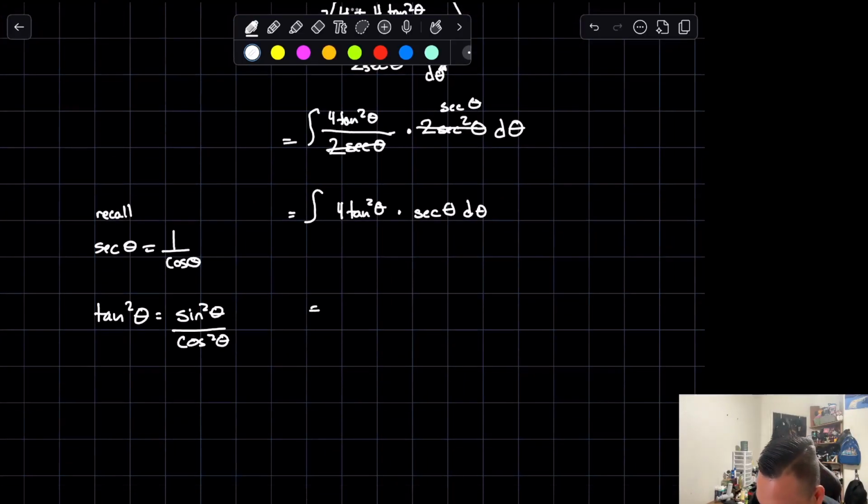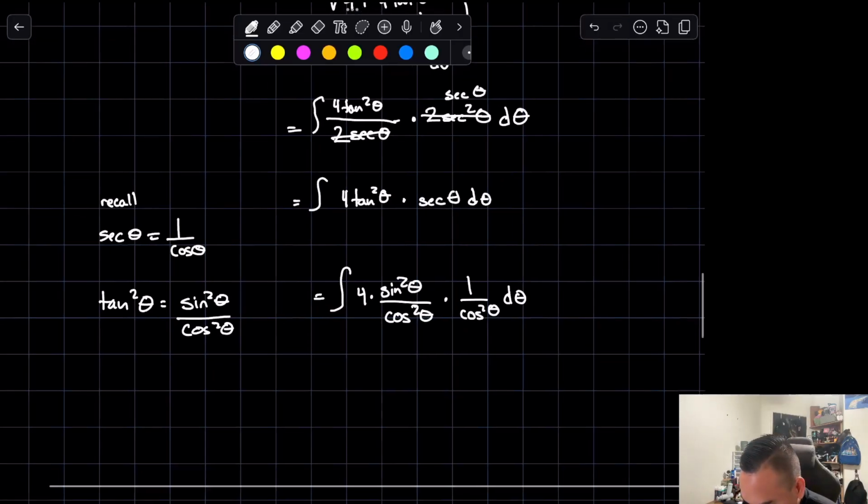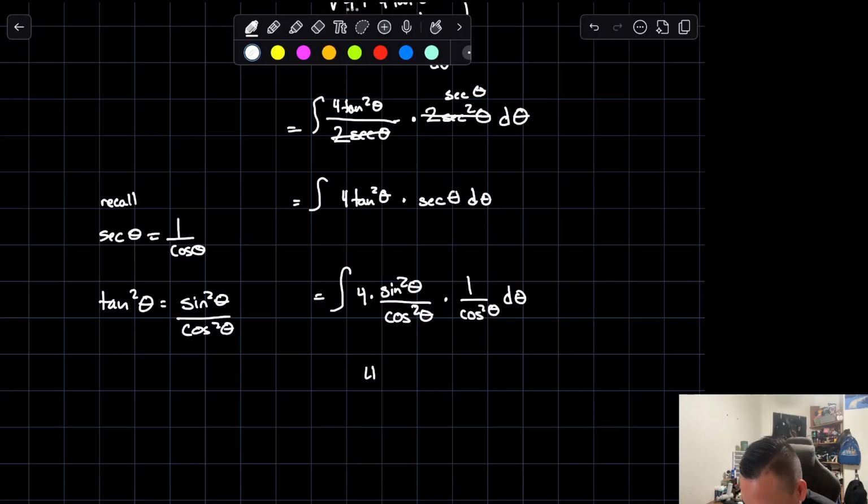So if we convert it, it's going to become the integral of 4 times sine squared theta over cosine squared theta times 1 over cosine theta d theta. So if you multiply this, it's going to become 4 sine squared theta over cosine cubed theta d theta.